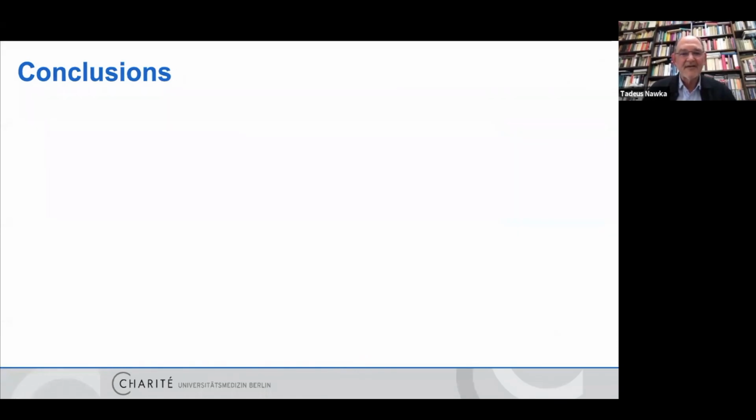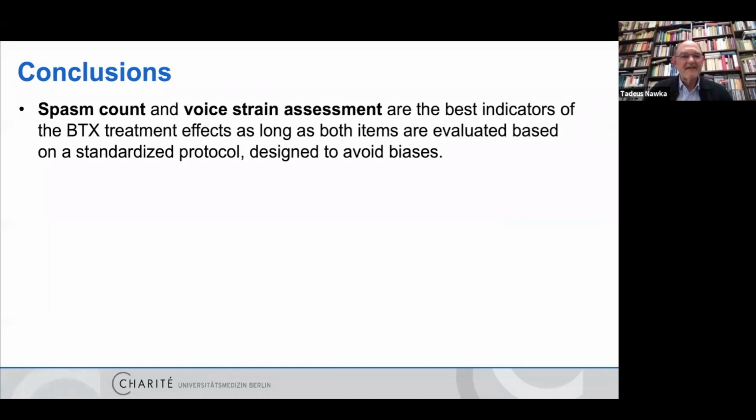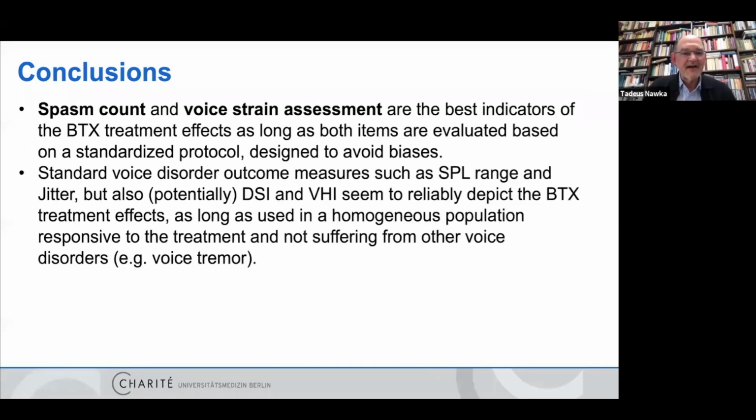So these are the best indicators, the spasm count and the voice strain assessment, whereas the other measures that we usually use for voice diagnostics, well, they seem to depict the improvement, but probably not as significant as we would like, and that's why they are not good as outcome measures.